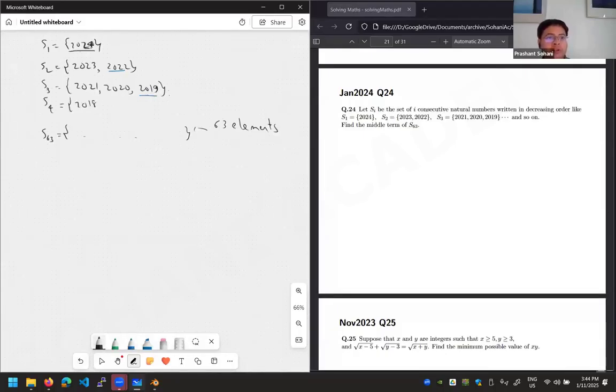So 2018. Suppose I make a table of just the last element. Here I have n and let us say ln to indicate the last element. For the first set, the last element is 2024. For the second set, it is 2022.